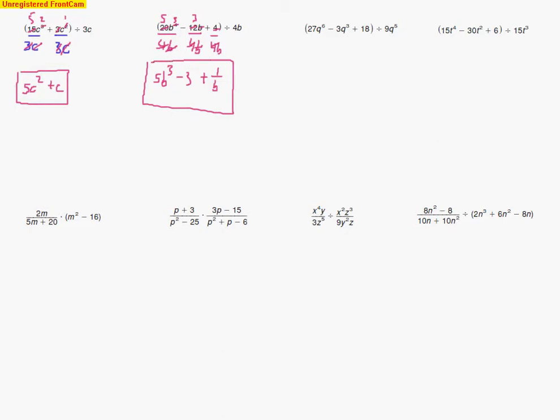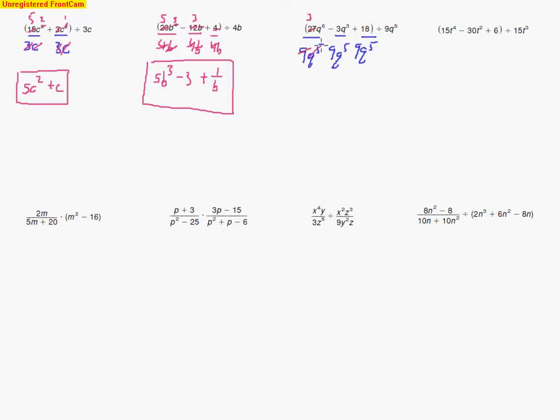Taking a look at the next one, the same sort of thing. You're just going to rewrite these as separate fractions. 9q to the fifth goes underneath each of these terms because we're dividing each of the terms by that 9q to the fifth. And so we go ahead and do that division. See what's left over here. So 9 goes into this 27 3 times.